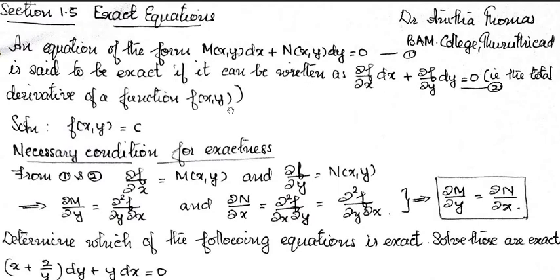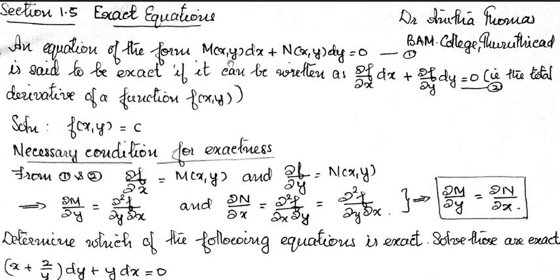In our vector calculus classes, we studied that M(x,y) dx + N(x,y) dy = 0 represents a conservative field if it can be written like this, that is, the total derivative of a function f(x,y), and we learned that its solution will give a potential function.